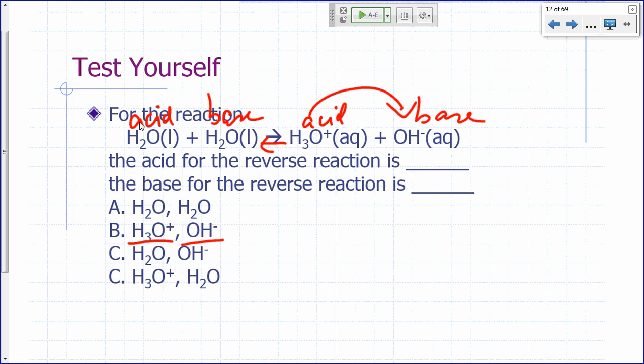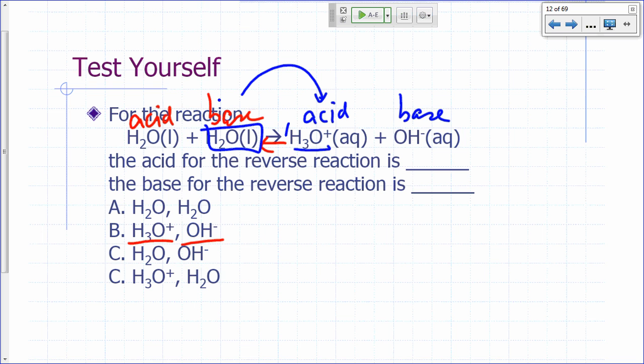For the reverse reaction, let me color code it. This is the acid, and that's the base. So where did this H3O plus come from? From a water that gained a proton, right? It came from this. So this H2O and H3O plus, we say, is a conjugate acid-base pair.